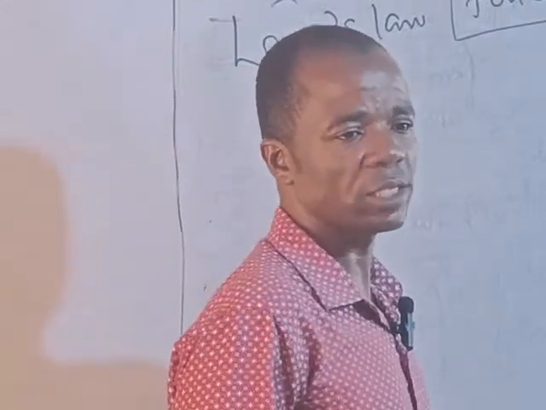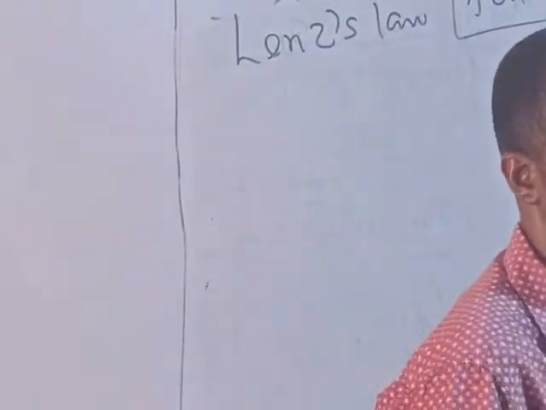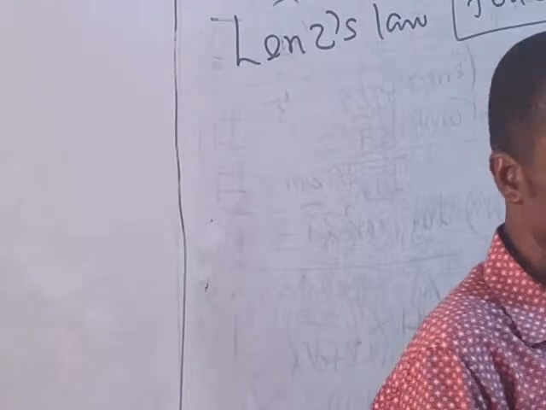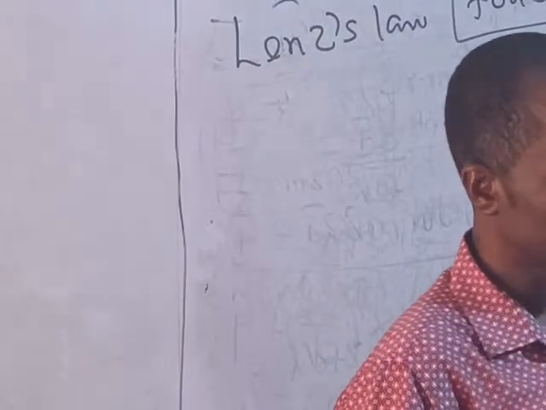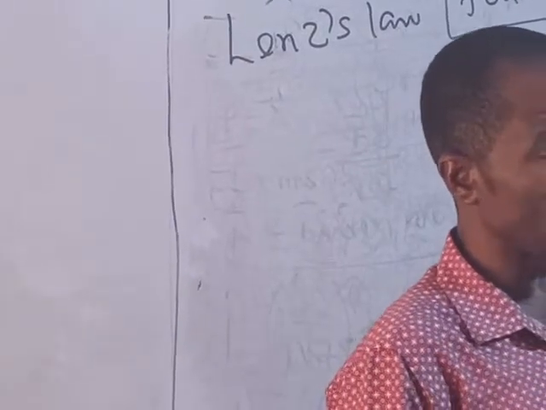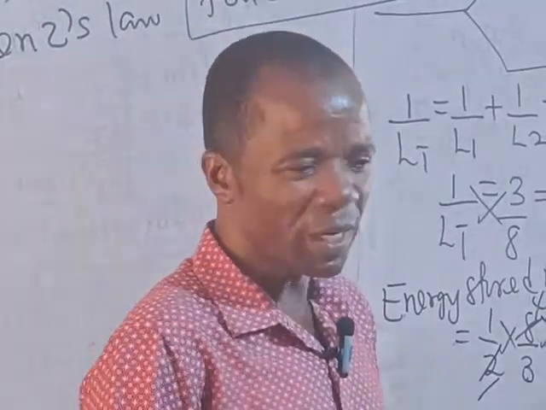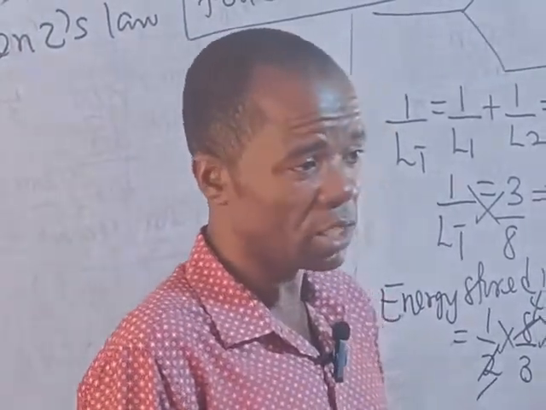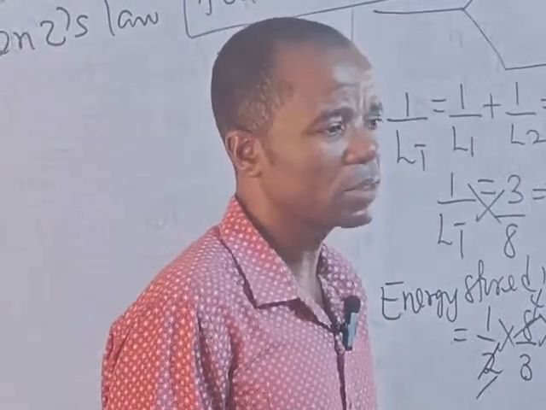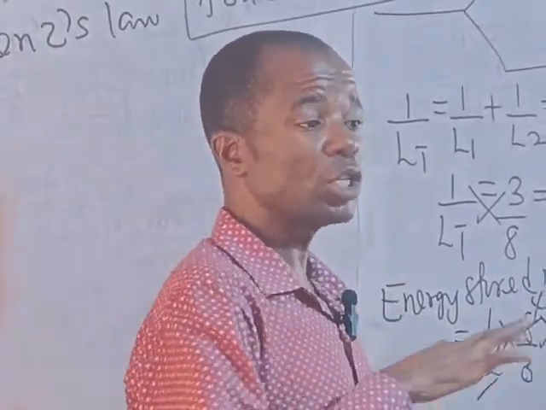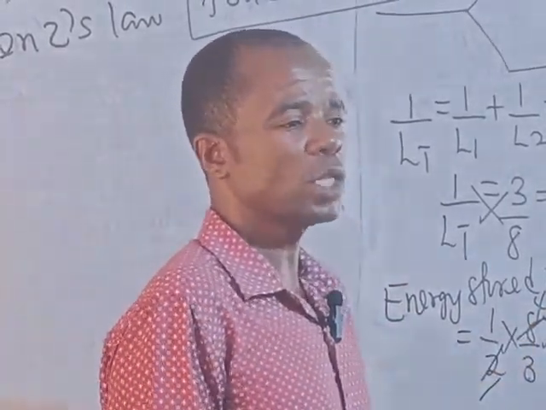Now that we've established that, one thing you need to know about eddy current is this. Eddy current has both advantages and disadvantages. One of the disadvantages of eddy current is that they produce unnecessary heat. They bring about intense heating in a particular appliance. And if the heating is too much, it can destroy the insulation of that particular machine.